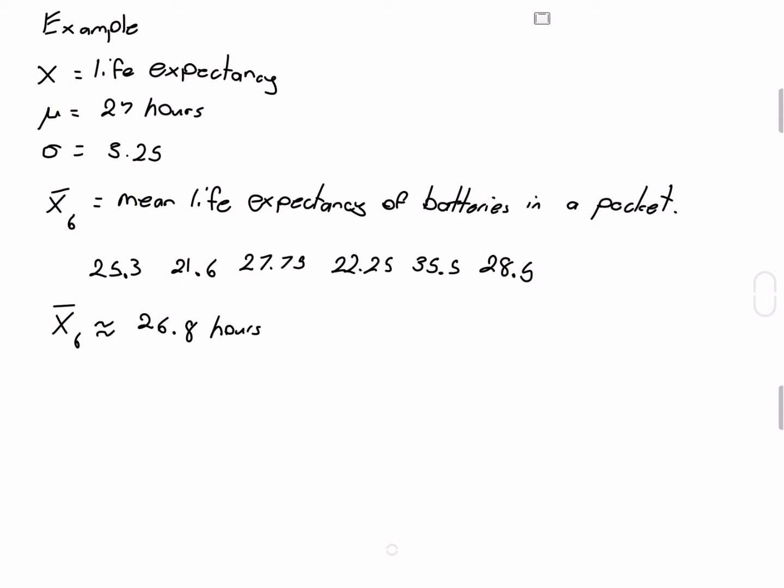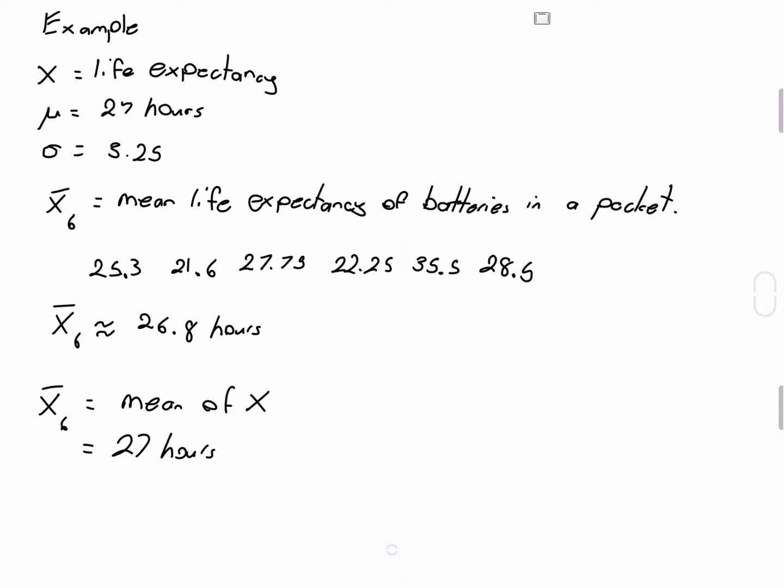Now, what is the mean and standard deviation of our sample of 6? That's our observed value. Now we want to work out the mean of X̄6. The mean of X̄6 is just equal to the mean of x, which in this case we were told is 27 hours. Now you can see that our observed value is different to the mean, and that's perfectly acceptable.